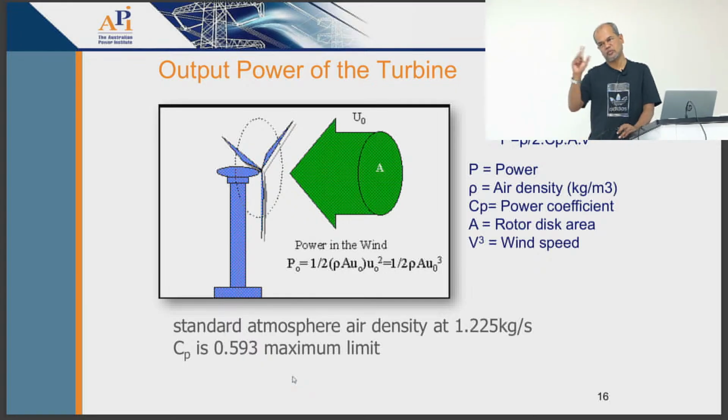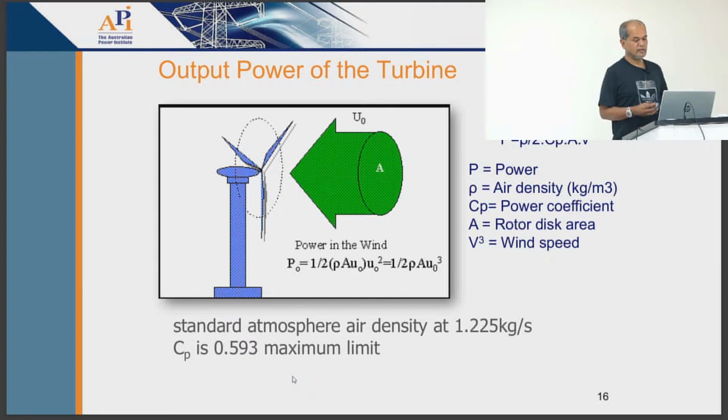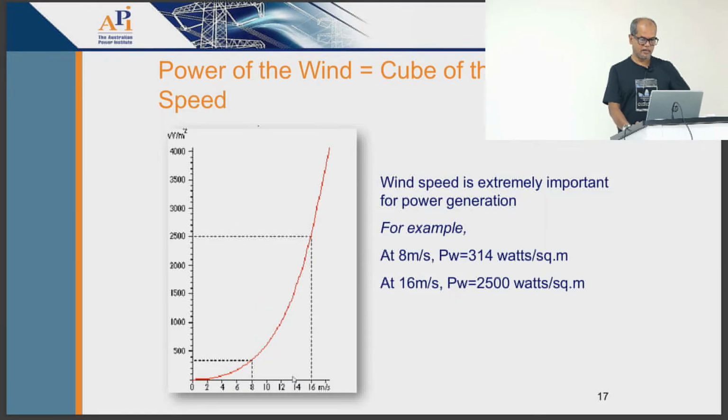That also needs to be considered when you design the microgrid and see what sort of power you're going to get from the wind. It's not just taking the wind speed, using that equation, and saying this is the power I'm getting. No, you have to consider the limitation on the output power you're going to get from the wind turbine.